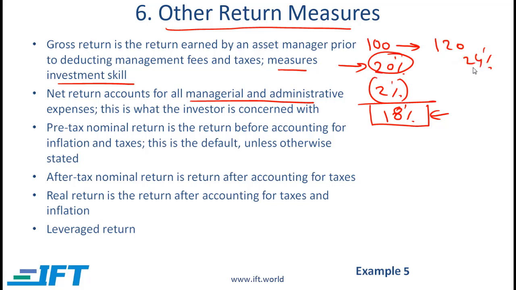If you have another manager who's generating a 24% return, but it just so happens that the other investment manager has a very high investment fee of say 7%, over here the net return is going to be a little bit lower. It will be 17%.